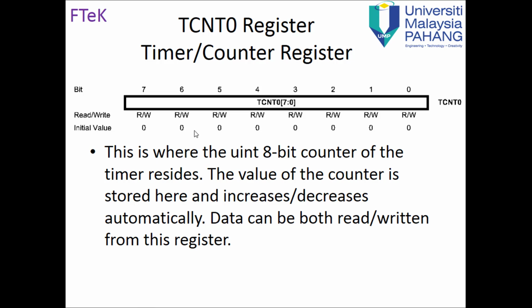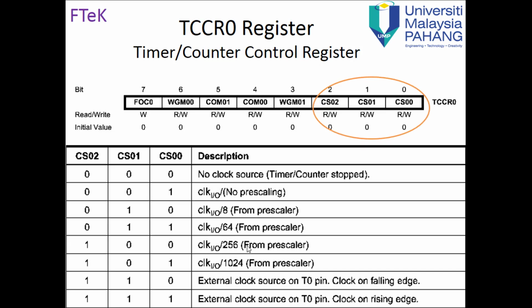In this register the value of the timer is stored. The value of the counter is stored here and changes automatically by the clock pulses. Data can be both read and written from this register. So you can put a value and then run the timer to increase step by step, 1 by 1.